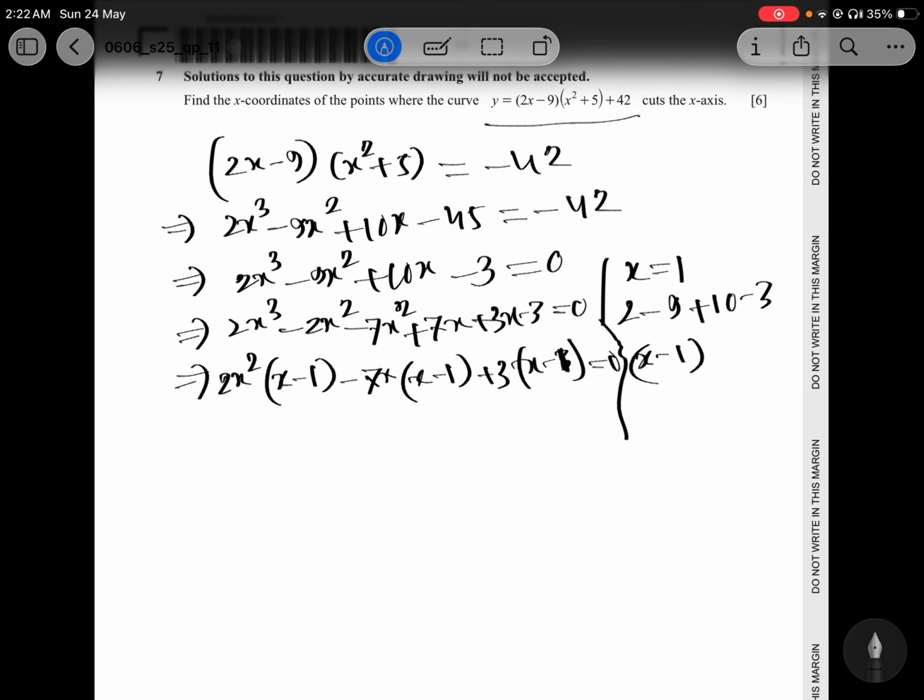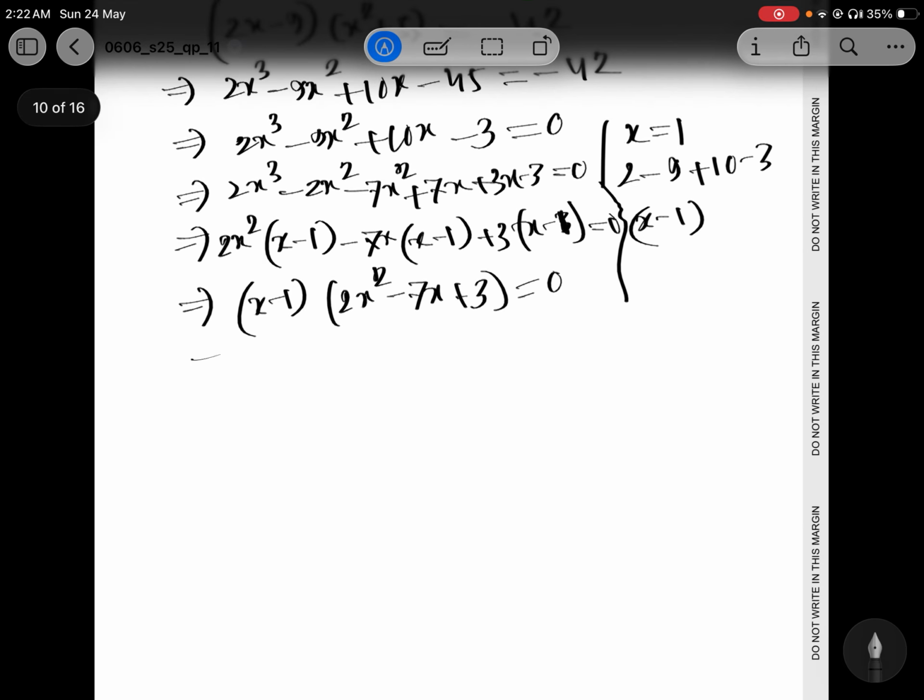Okay. So x minus 1 would be our linear factor and 2x square minus 7x plus 3 should be our quadratic. So 2x square minus 6x minus x plus 3 should become 0.